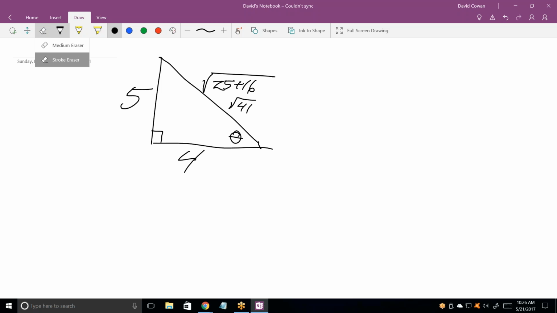Okay. Now, if you wanted to solve for theta, because it's a right triangle, you can just use an inverse trig function, and you can use any of the 6. Pick one.